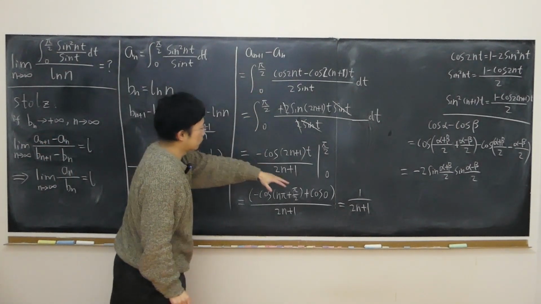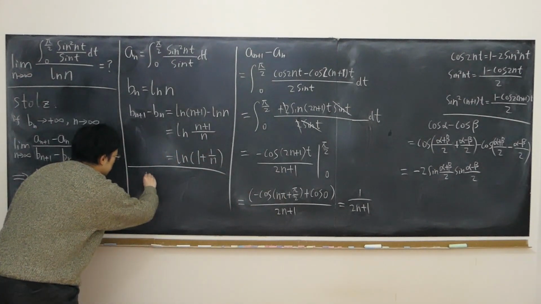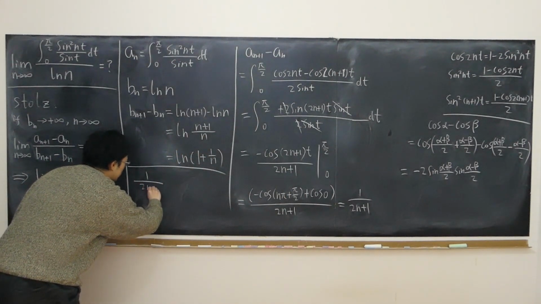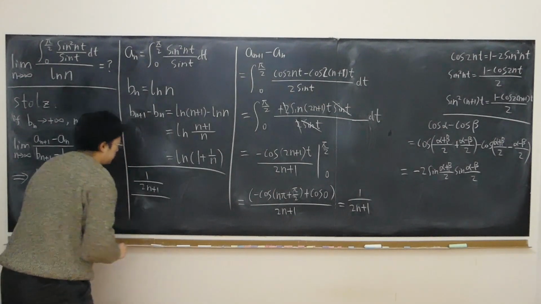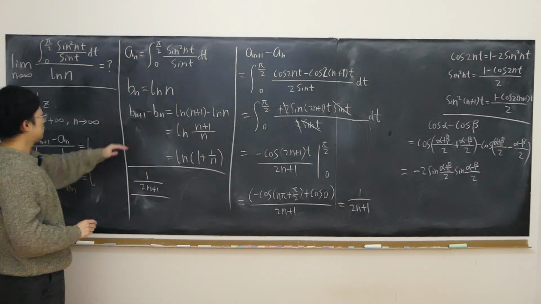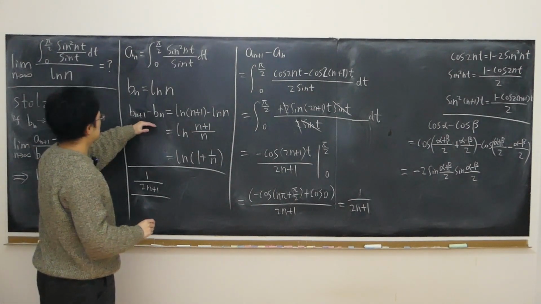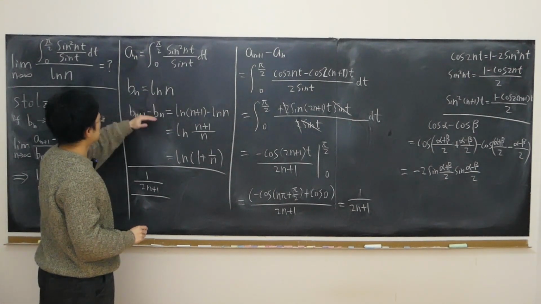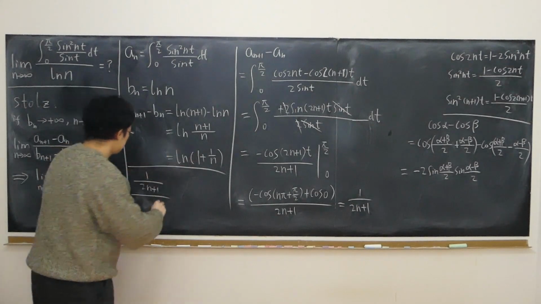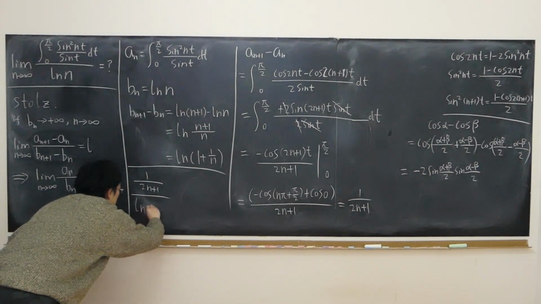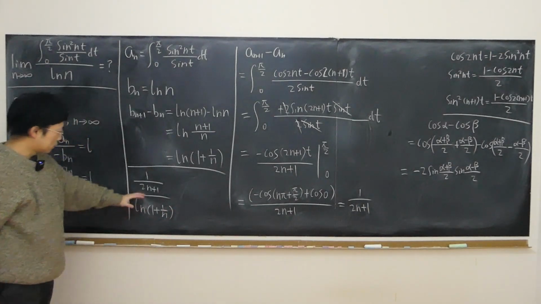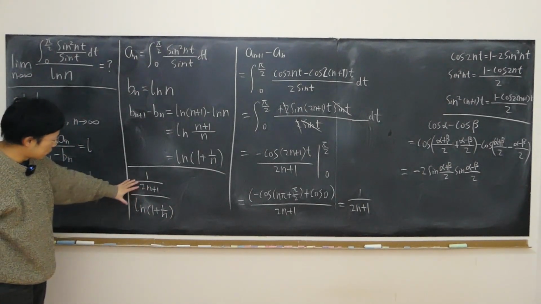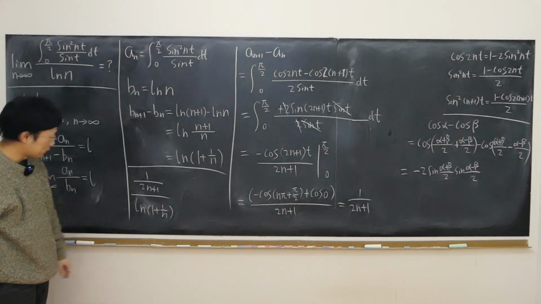So we just have to work out 1 over 2n plus 1, over b_{n+1} minus b_n. Like I said, we worked out to be logarithm of this, right? Logarithm of 1 plus 1 over n.